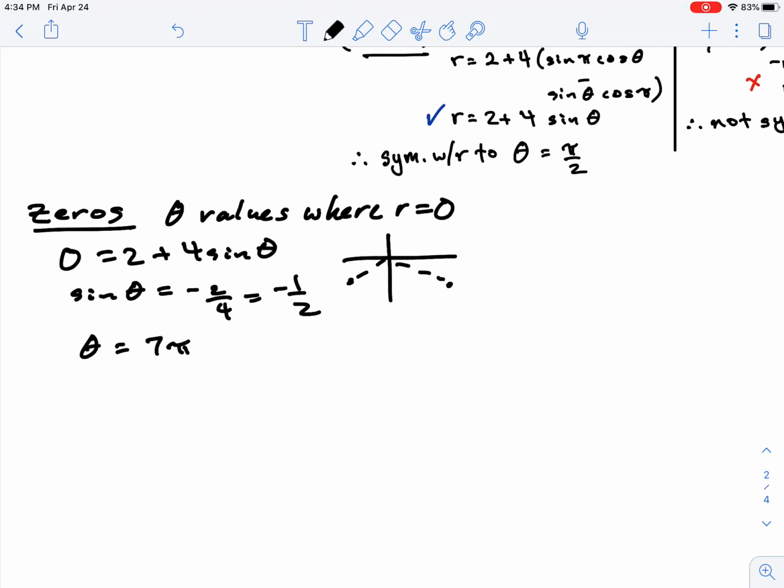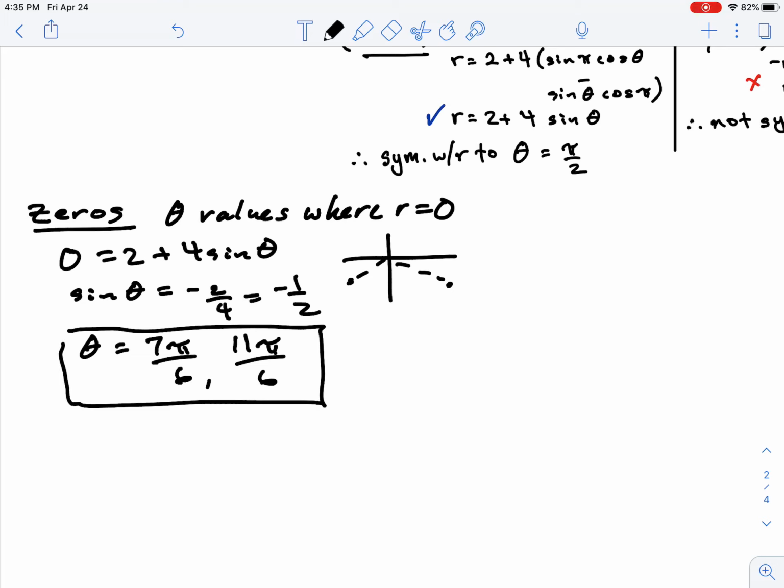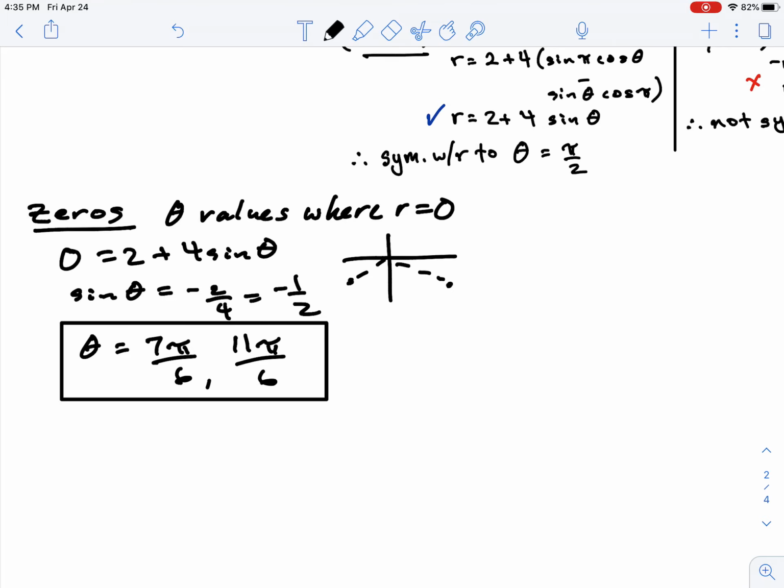Theta would have to be equal to 7 pi over 6 and 11 pi over 6, because we all remember our unit circle. So those are our zeros, the values of theta so that r is equal to 0.